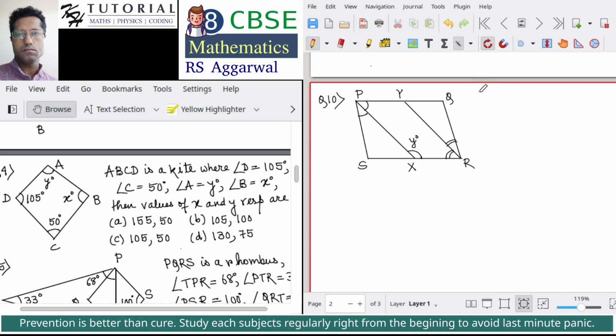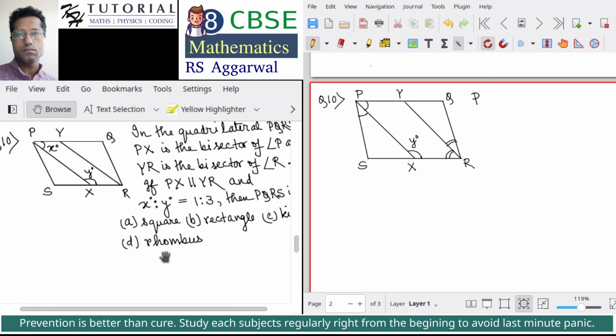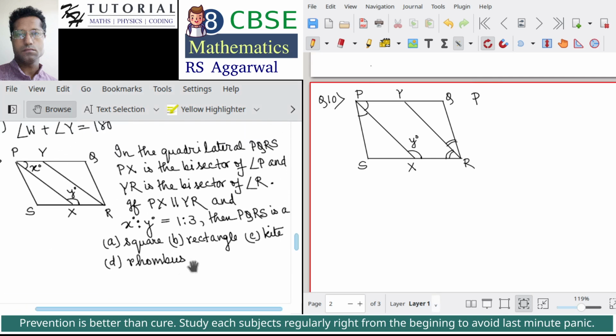In the problem it is given that PQRS is a quadrilateral, and the angle bisector of angle P is meeting the side SR at X. PX is the angle bisector of angle P, and YR is the angle bisector of R. It was given that angle XPY is x degree and angle RXP is y degree, and it was also given that the ratio of angle x and y is 1:3.